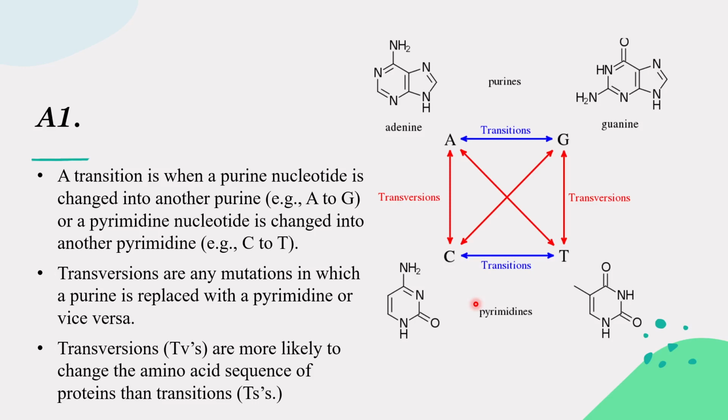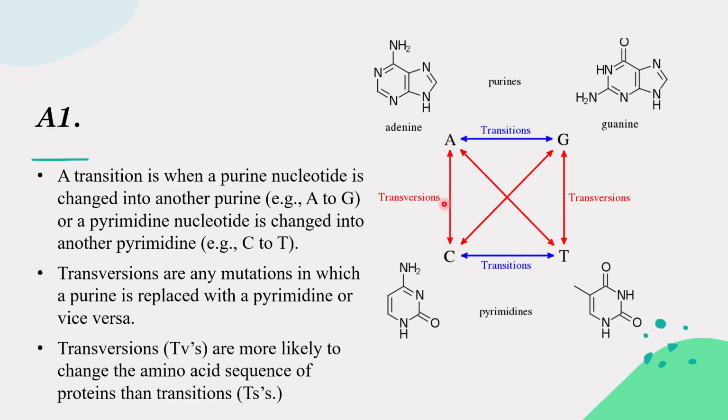And these transversions are more likely to change the amino acid sequence of proteins than transitions. Why? Why is it so? Anyone? Here it is written that transversions are more likely to change the amino acid sequence of proteins than transitions. Okay, just let me answer then. So transversions, what happens? This adenine might change to thymine or cytosine.